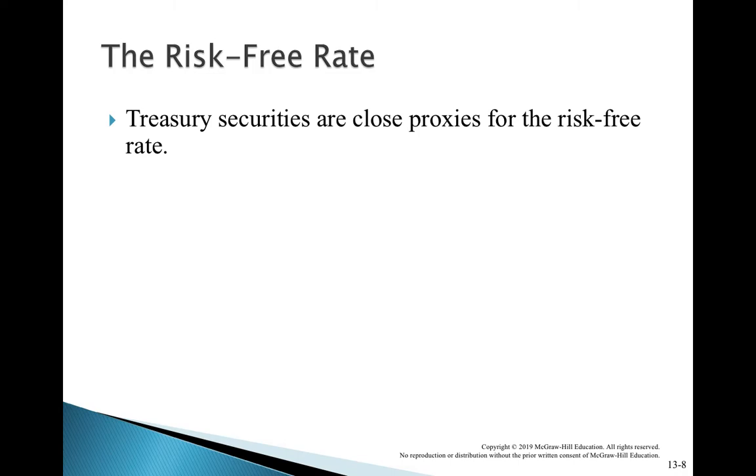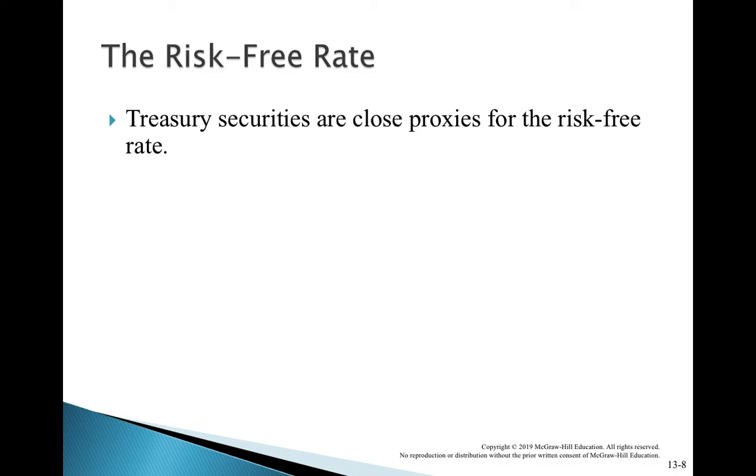Now, as the CAPM model uses risk-free rate of return plus beta multiplied by risk premium, the first component is the risk-free rate. How do we calculate the risk-free rate? Normally, treasury instruments are used as a proxy for the risk-free rate of return.